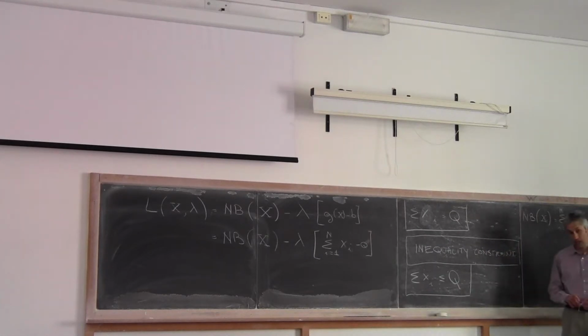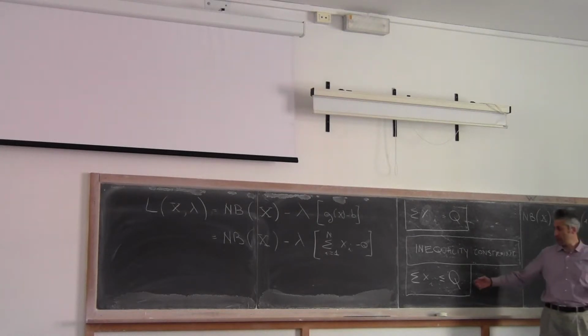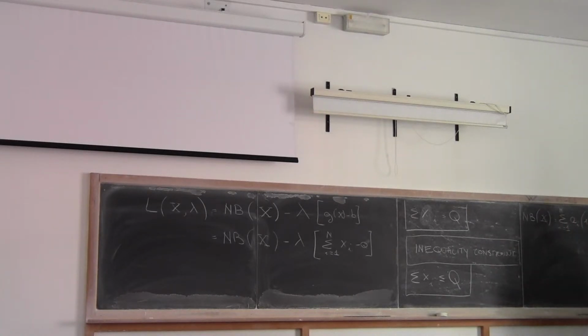Of course, the situation becomes a bit more complicated, as you can understand. And therefore, the first solution that may come to our mind is to transform the inequality constraint into an equality constraint. How can we do that? We can do that by introducing an additional variable, a dummy variable.